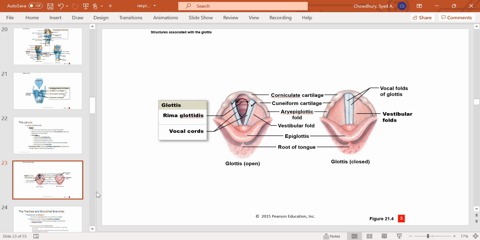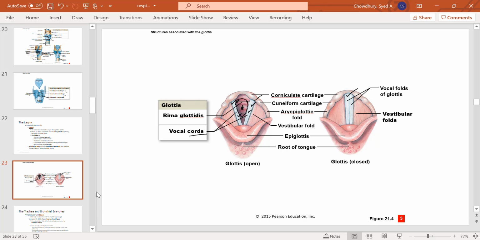Okay, so these white structures are the vocal folds or vocal cords, and the space between them is the glottis. And here you see the glottis is closed completely, here the glottis is open. So when you produce sound, the vocal folds or cords move. Sometimes they come close to each other, sometimes open or go apart. So that's how the sound is produced.